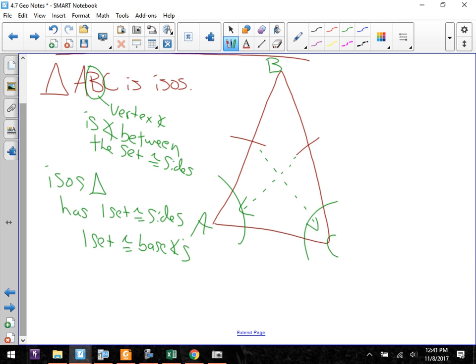So the angles always look at the sides that are congruent, no matter how you draw it. If those are my angles, those are looking at the sides that would be congruent. The base angles don't necessarily need to be on the bottom. They can be anywhere.